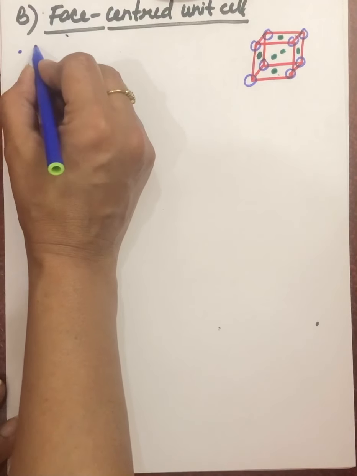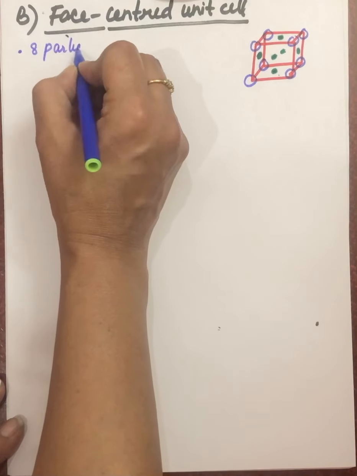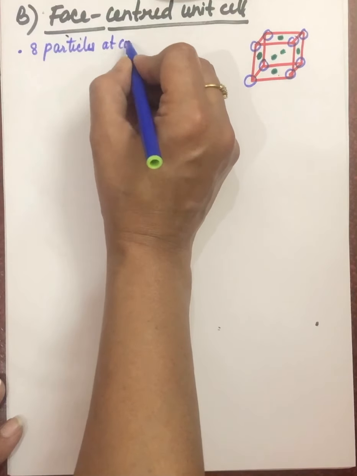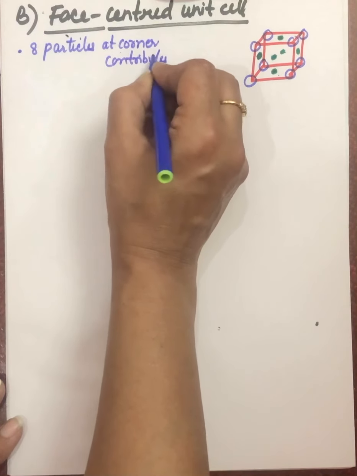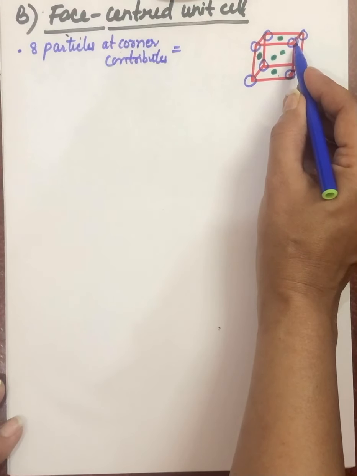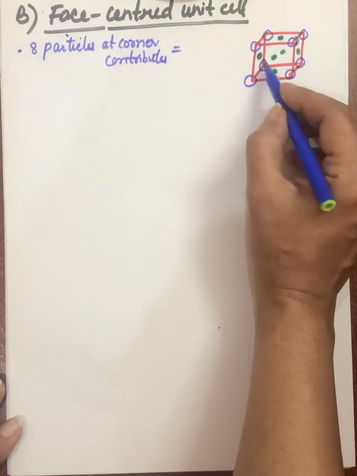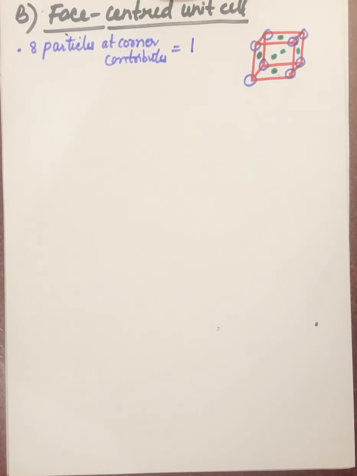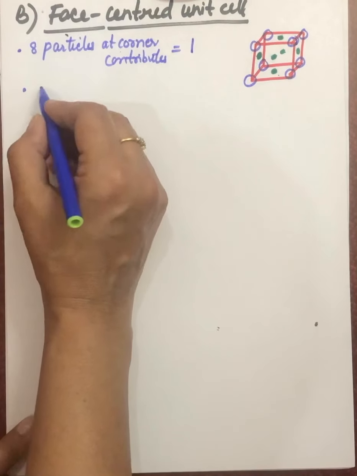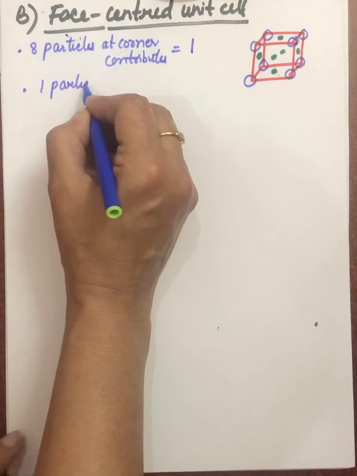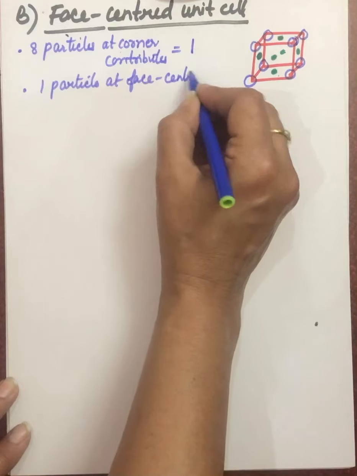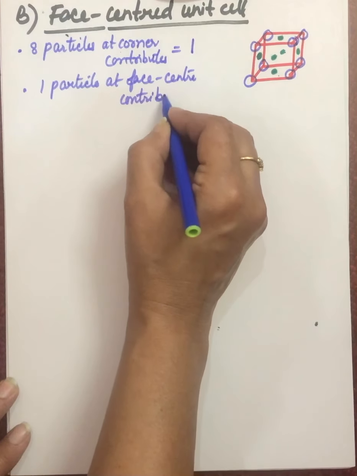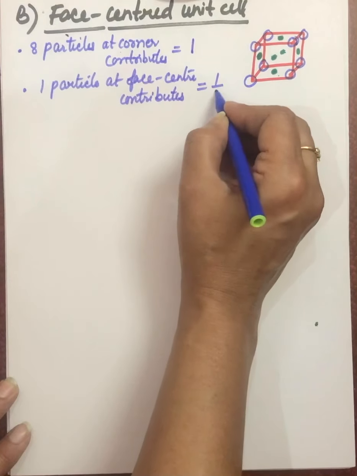So now, the contribution of 8 particles at corners. How much are they contributing? We have calculated it already in the first part. 1 particle at a corner contributes 1 by 8, and 8 particles at corners contribute how much? Total contribution comes out to be equal to 1. Now come to the face center particles. 1 particle at face center contributes how much? 1 particle at face center contributes 1 by 2.